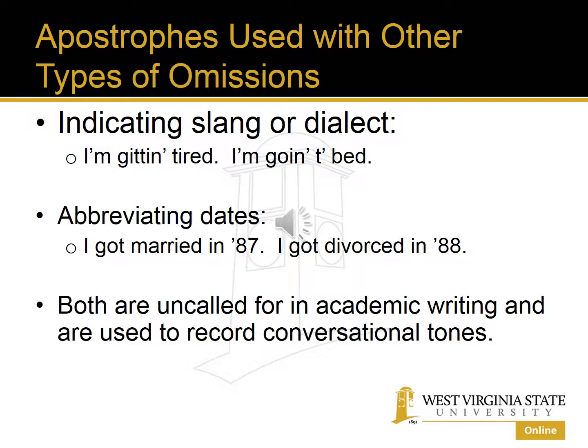In this example, getting is slang, and the apostrophe at the end of the word indicates that the person speaking dropped the final G. Instead of saying I'm getting, the person said I'm gettin'. Or I'm going. Instead of saying I am going, we say I'm going.